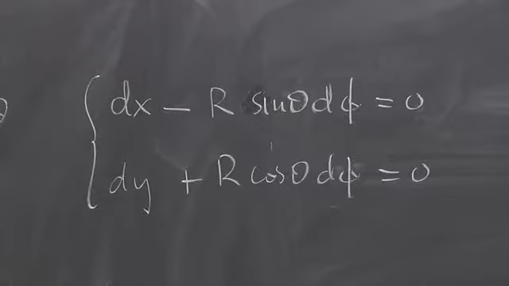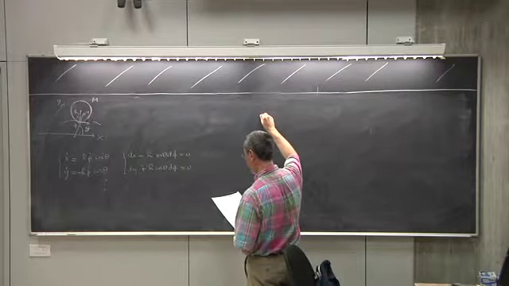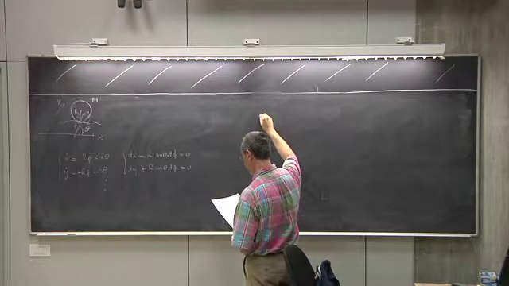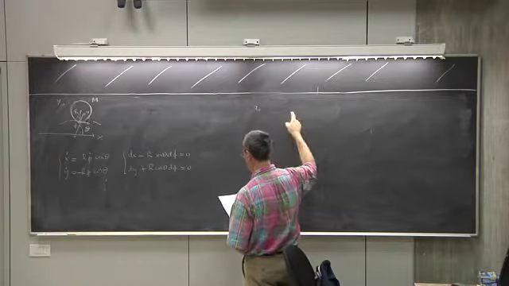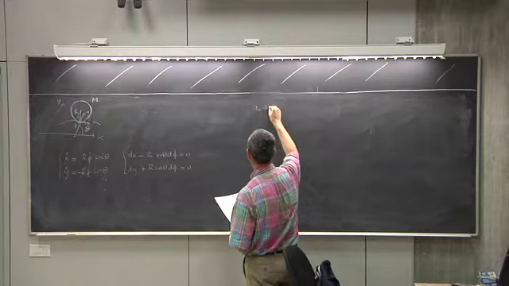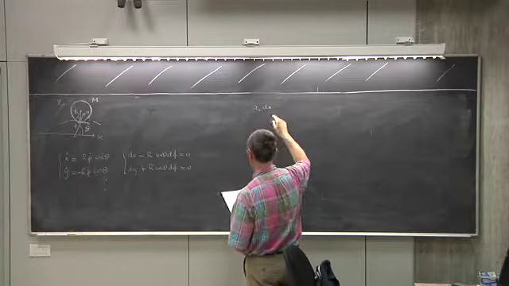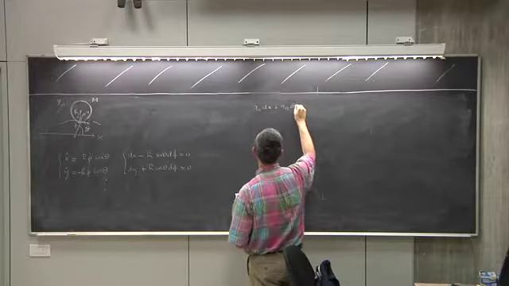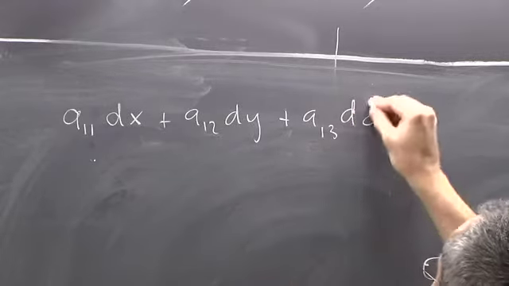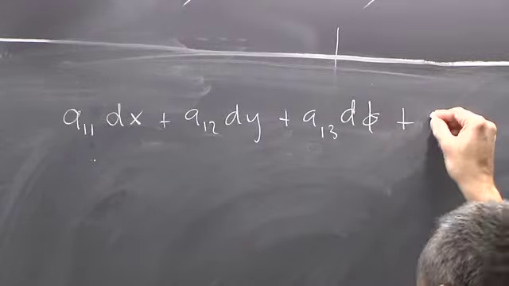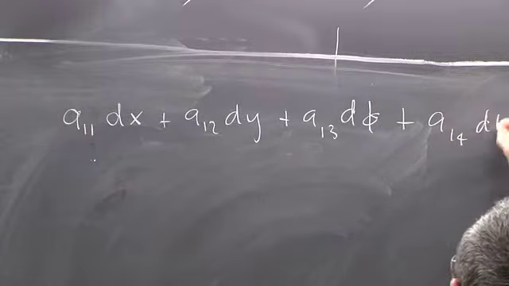So now I have a system with 4 degrees of freedom. So in general, if I write, you remember, the Lagrangian multiplier things, I have a system with how many? Four. So A11, let's call it dx, plus A12 dy, plus A13 d phi, plus A14 d theta.